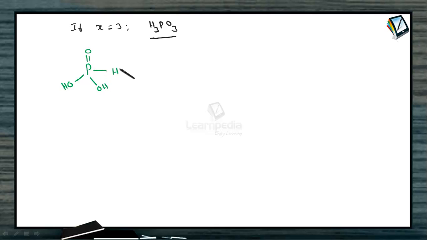So this is the structural formula where this particular hydrogen attached to central atom phosphorus gives reducing character. Whereas these two hydrogens which are connected to oxygen rather than to central atom phosphorus give basicity, and thereby N factor for this acid, that is basicity, is 2.